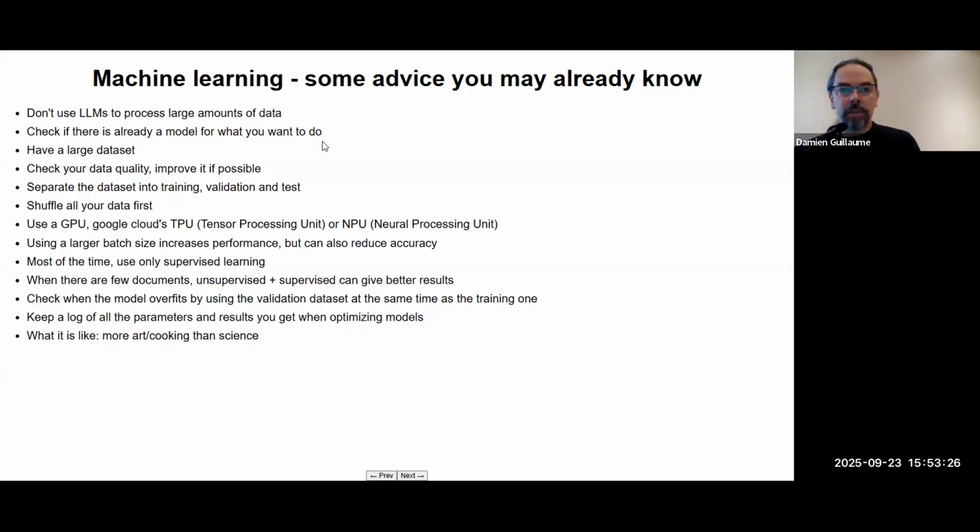Check your data quality. It's very important, because at the end of the day, classification is only going to be as good as your data. Separate the data set. What's recommended is to separate the data set into three subsets: training, validation, and test.